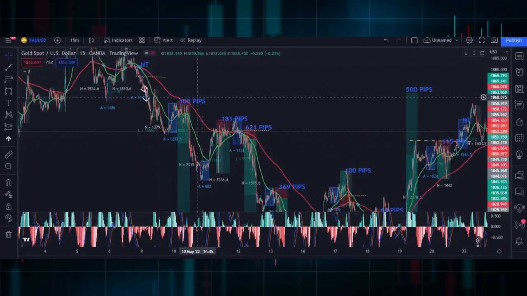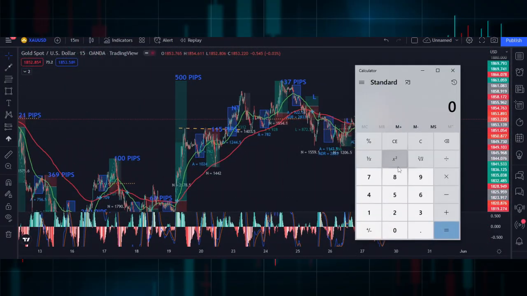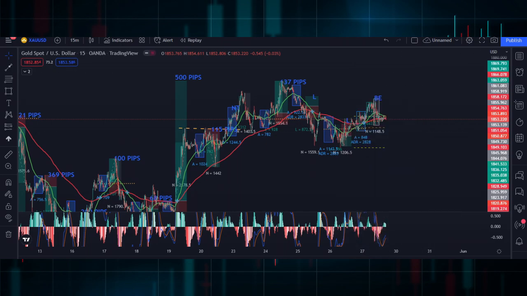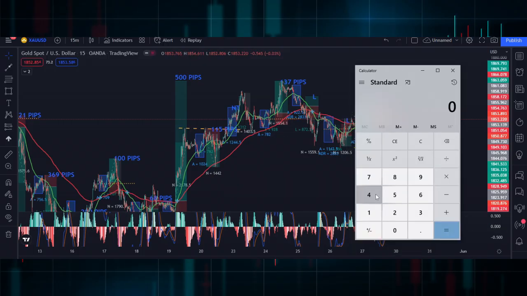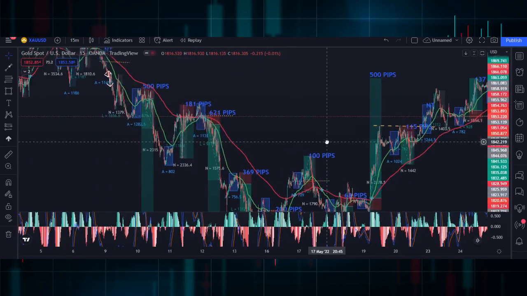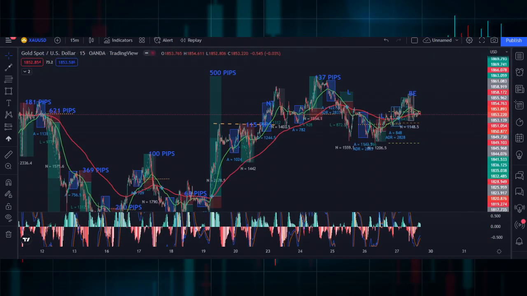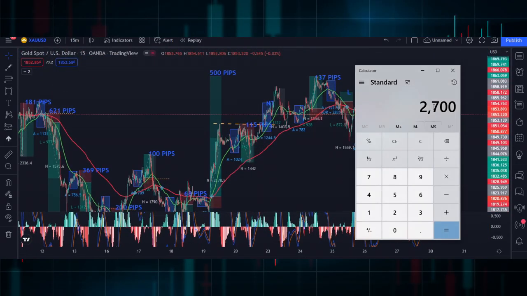And to calculate all these pips, I went ahead and did it on this side. After calculating, it came up to over 2,700 pips in profit from all of this. If you want to, you can go and calculate it yourself, but it came to over 2,700 pips.